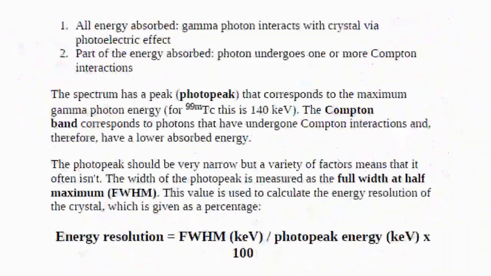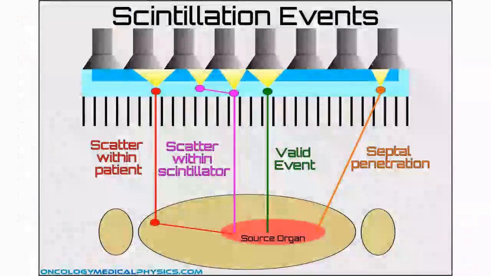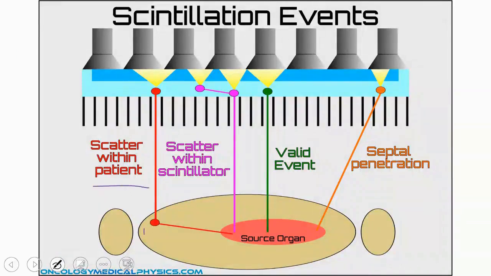So, one source is fine. Everything is okay. The crystal is connected directly. Another one experienced scattering with the patient. Someone might come at an angle, for example, and create a penetration spot. The point here is that when the crystal is reached, it will interact with the crystal as well.